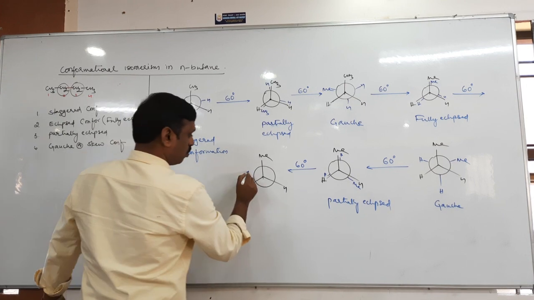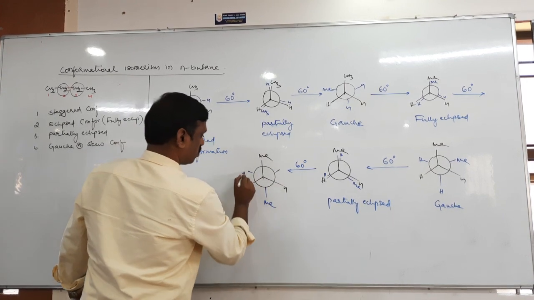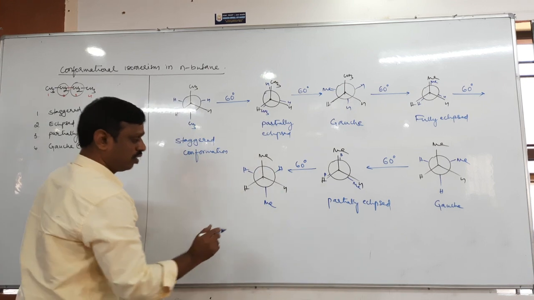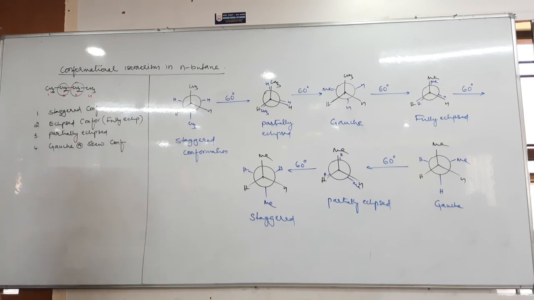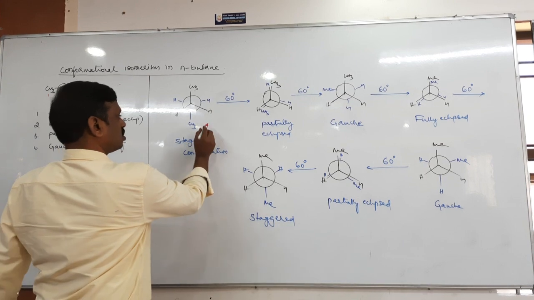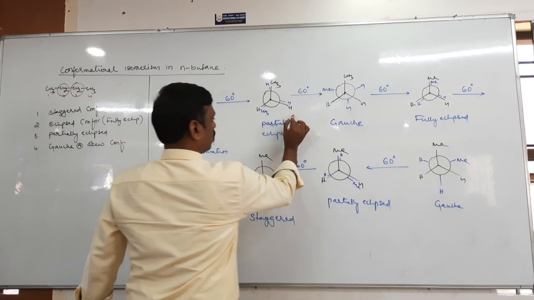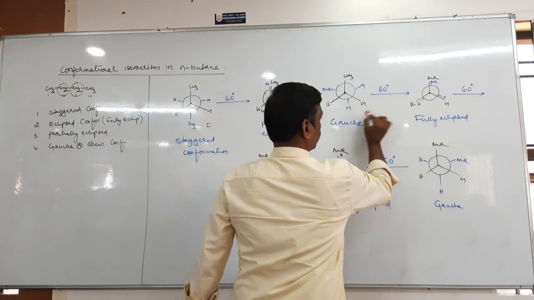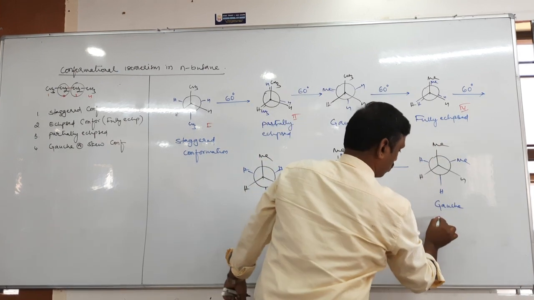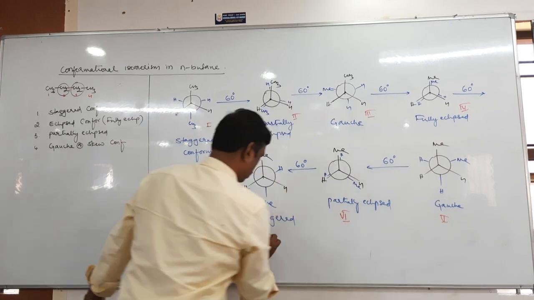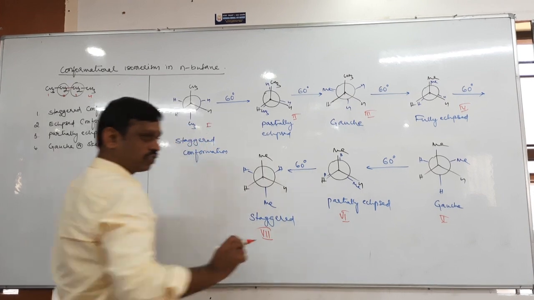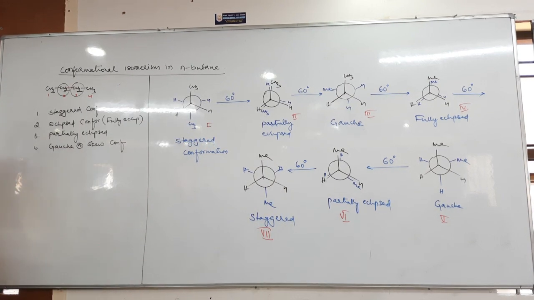You get the first structure again, a staggered conformation. So there are 7 structures formed by rotating every 60 degrees to the right.